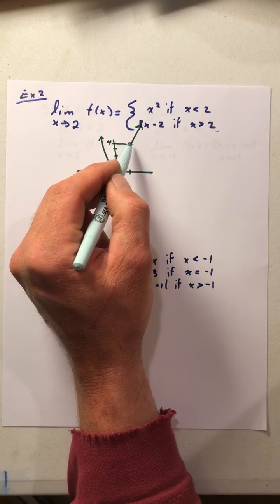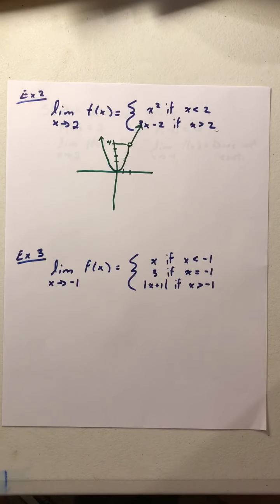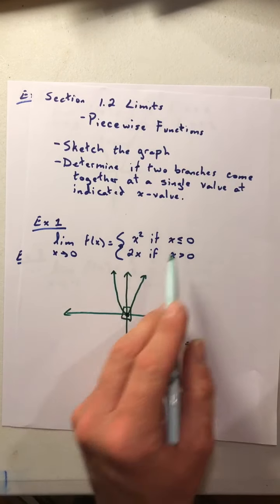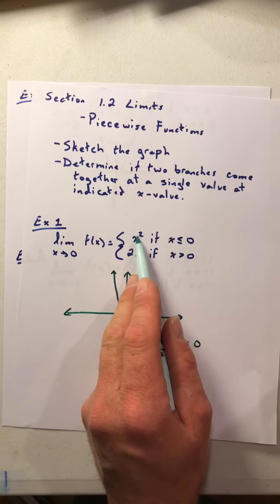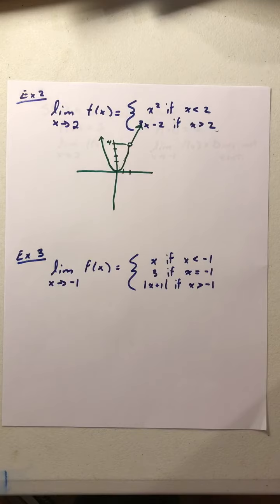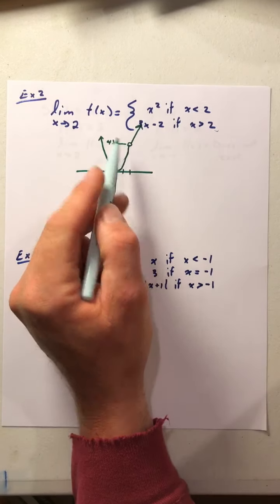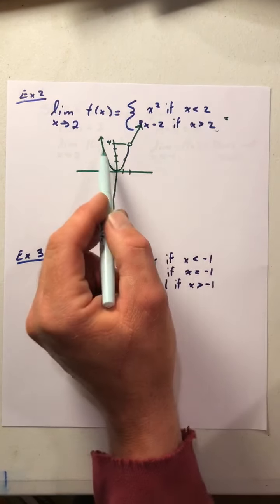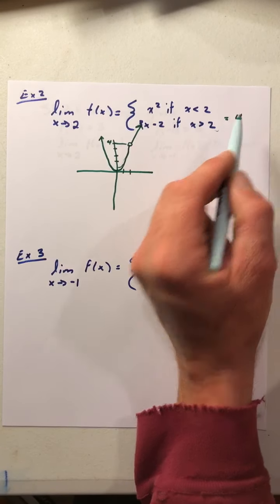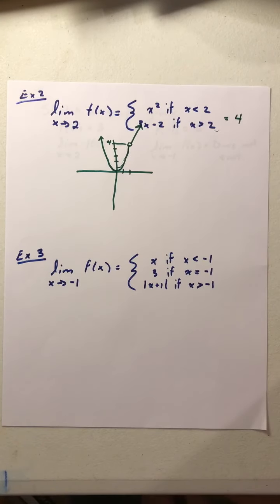Notice the function is not defined here, unlike the previous example where it was defined at x equals 0 and we got 0 out. In this case it's not defined, but the limit is defined. Because the two branches get closer and closer to 4, the limit is 4.